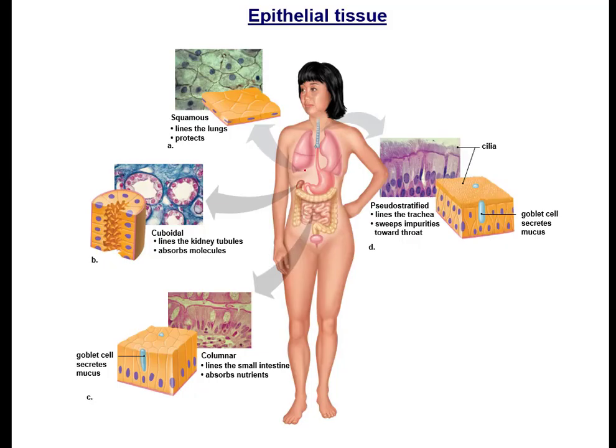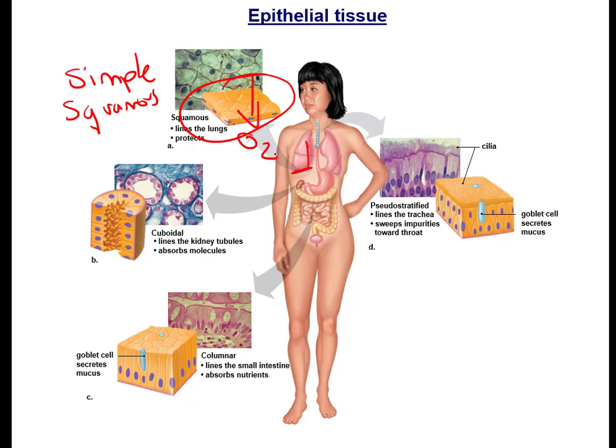In your lungs, there's epithelial tissue that's lining your lungs, but it's one layer thick. It's simple, meaning one layer, squamous, flat cells. The reason why you only have one layer of epithelial in your lungs is so that oxygen can easily get in to the lungs so you can breathe.